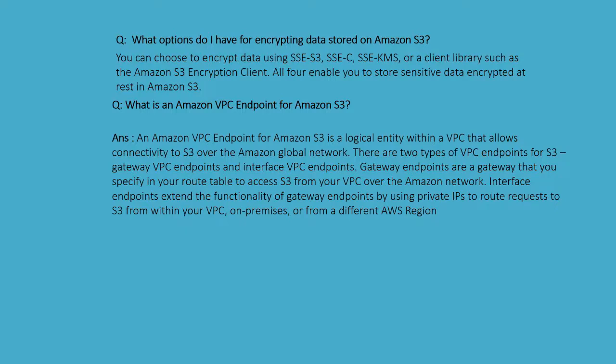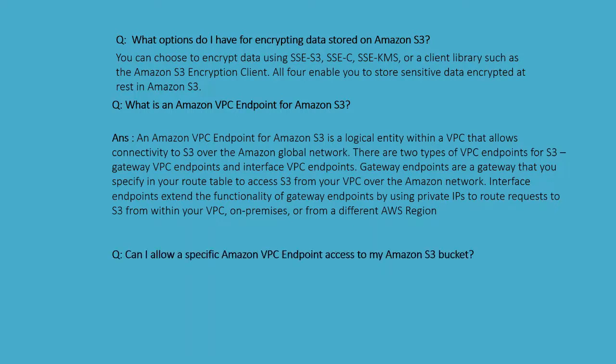Gateway endpoints are gateways that you specify in your route table to access S3 from your VPC over the Amazon network. Interface endpoints extend the functionality of the gateway endpoint by using private IPs to route requests to S3 from within your VPC, on premises, or from a different AWS region.